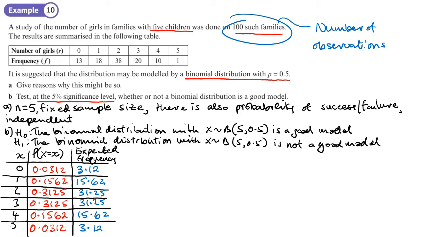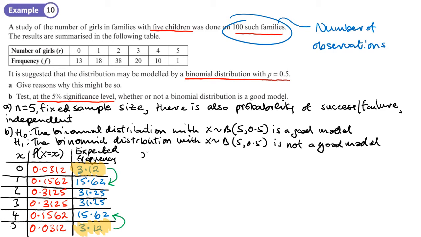Now you can see I've got expected frequencies here less than 5, so they need to be combined with a cell there. Those are going to be combined, and then I can use that to help me work out what x squared is.